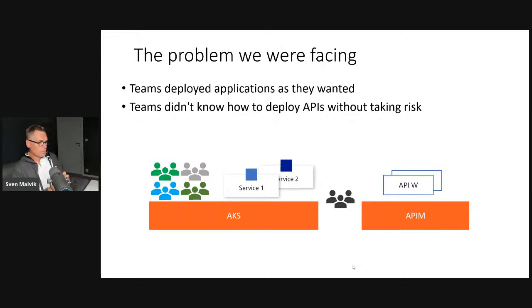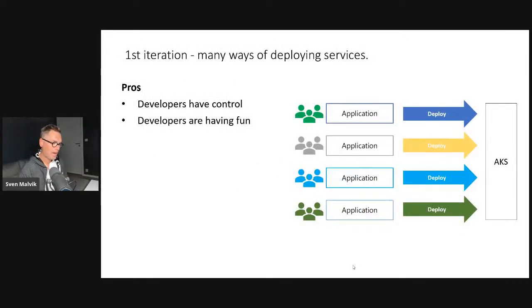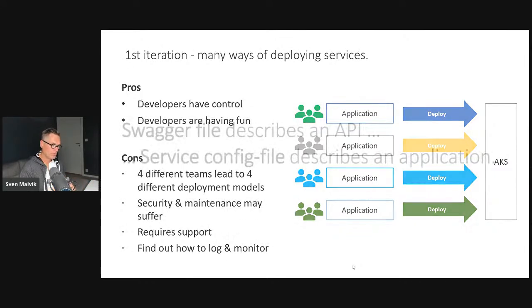So what we wanted to do in the first iteration was that the teams were responsible for the AKS, but also responsible for their own APIs, so that they really are in control of their services.